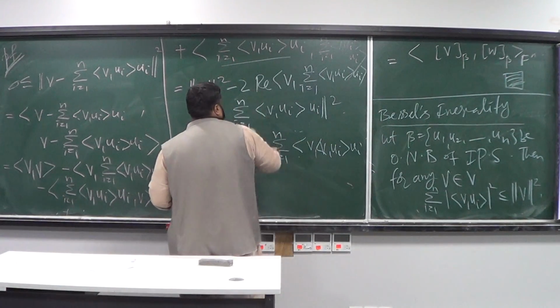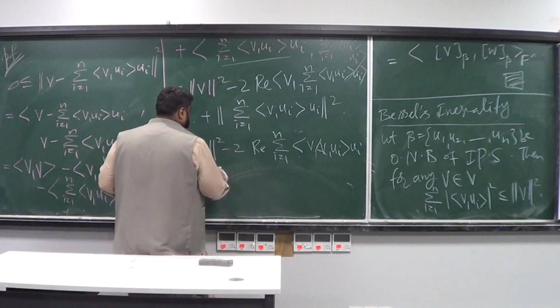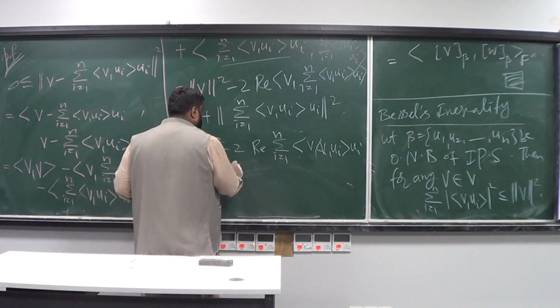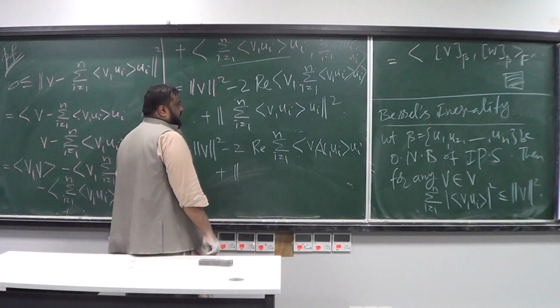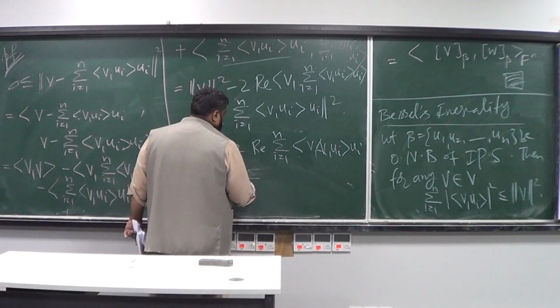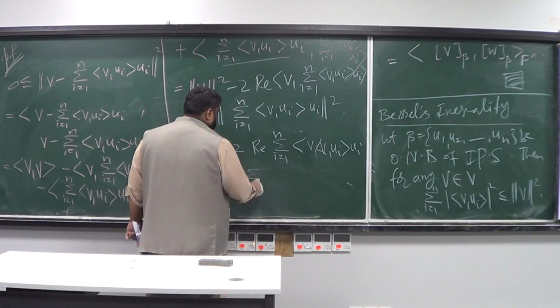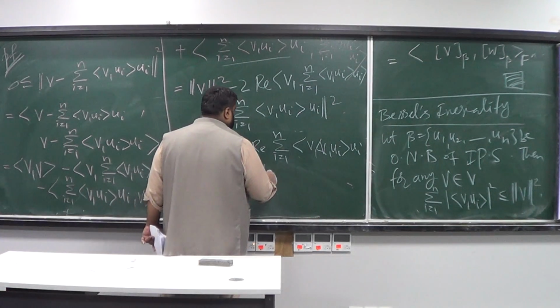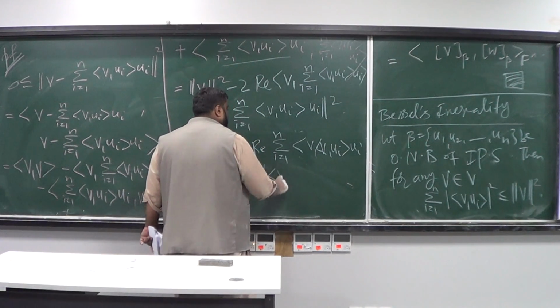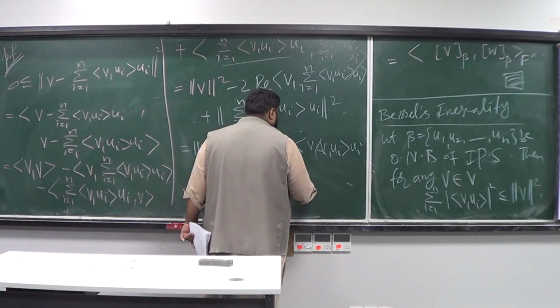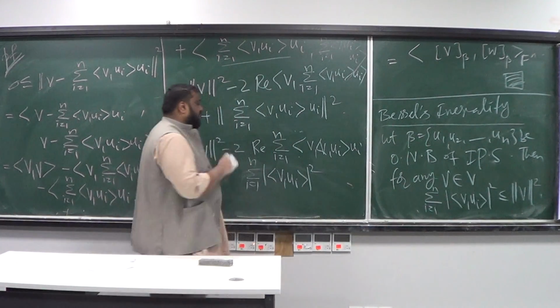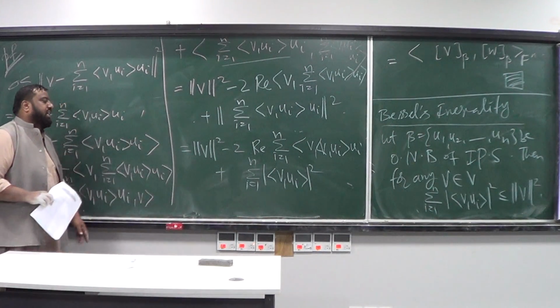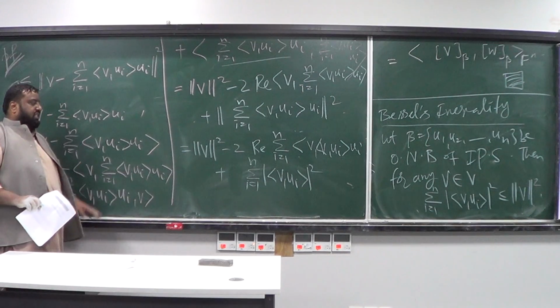So I just pulled this sum out. Okay, plus this term would be equal to what? The sum from i equal to 1 to n of the squares of the magnitude |(v, ui)| squared. Okay, so this was one of the first things that we proved in today's lecture.